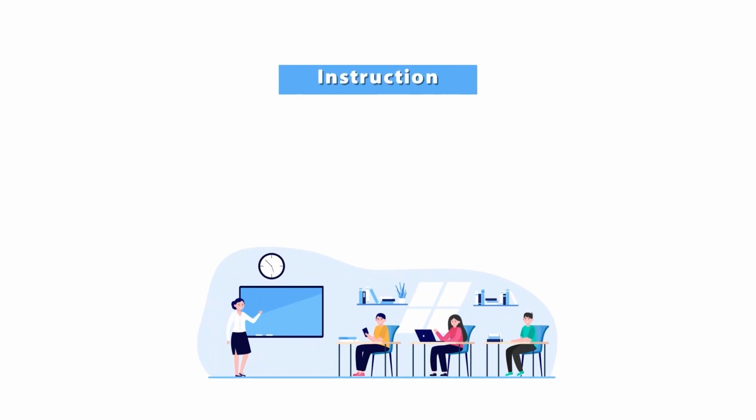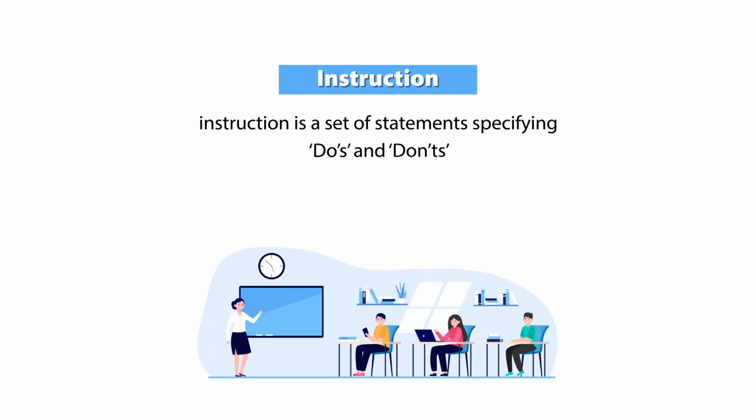What is instructional design? Thought of it anytime? There are two words in this. One is instruction and another is design. Simple. I'm sure all of you know the meanings of instruction and design. In instruction, in simple meaning, if we say, is a statement or a set of statements or do's and don'ts.